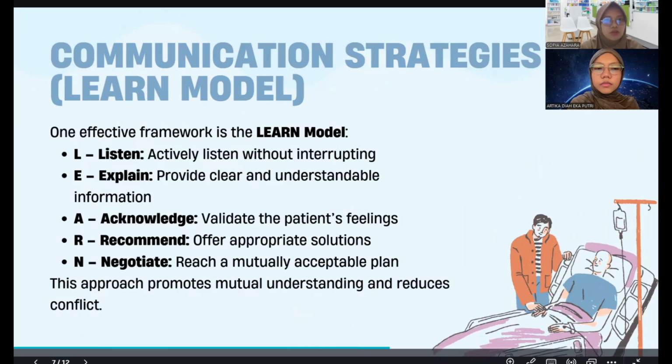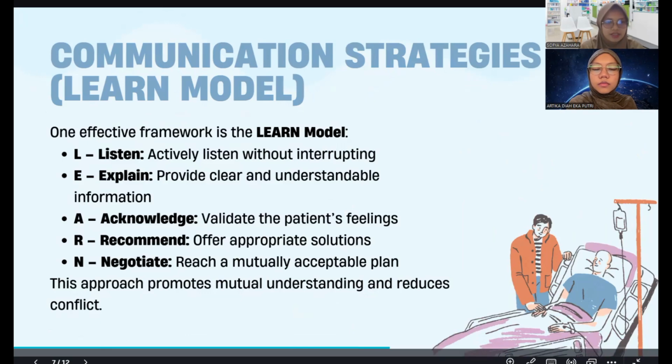And for the communication style, the LEARN model. L is listen, which is actively listening and interpreting. E is explain, which is providing clear and understandable information.